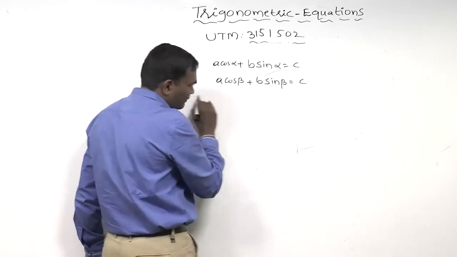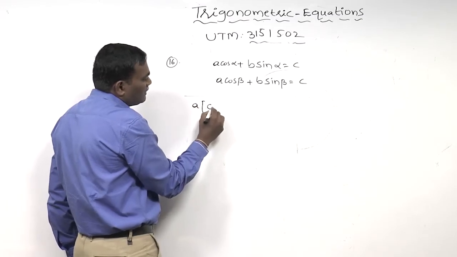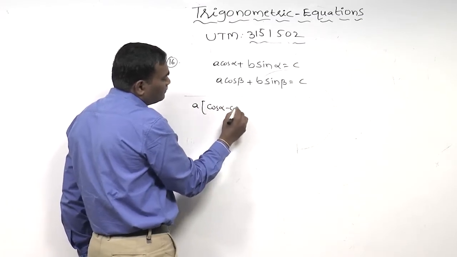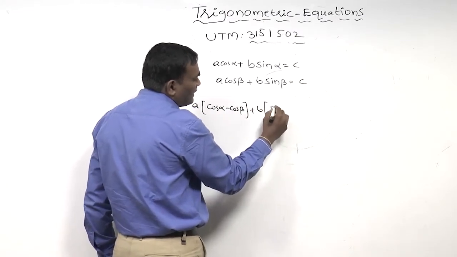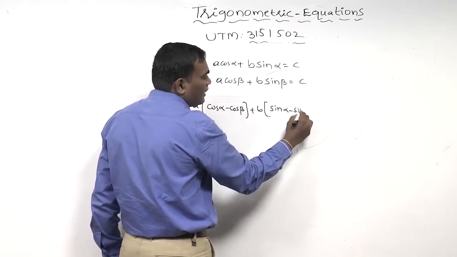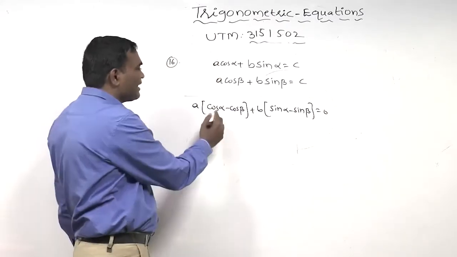Now you subtract. 1 minus 2: a into cos alpha minus cos beta plus b into sin alpha minus sin beta is equal to c minus c, 0. What is cos c minus cos d?